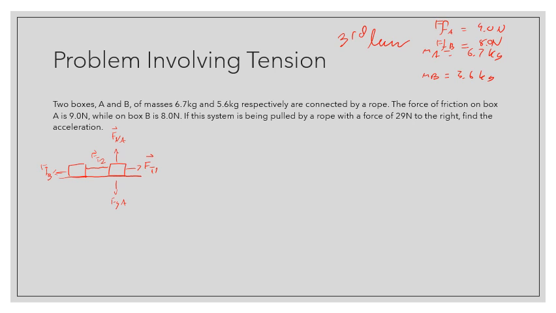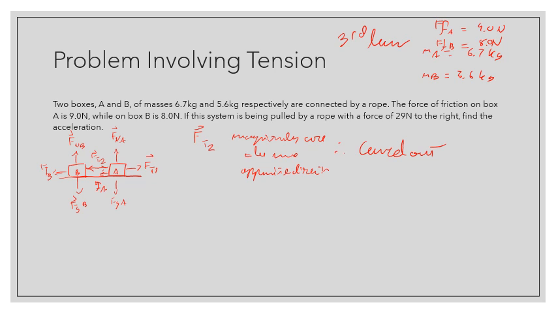For force tension 2, it's going both ways, as you know from Newton's third law. This is the force normal for box B, force of gravity for box B. And here we have the force of friction for A. As you see here, for force of tension 2, the magnitudes are the same but opposite direction. Therefore, they cancel each other out.